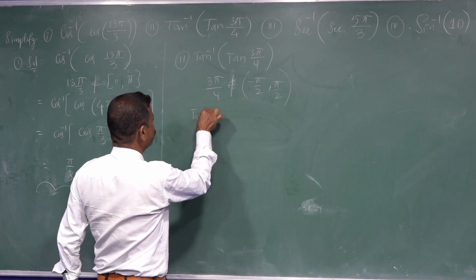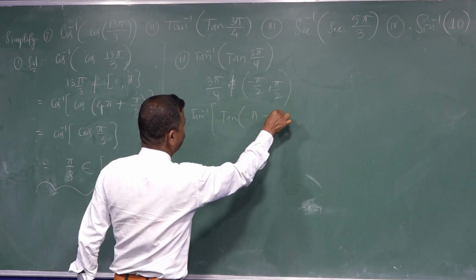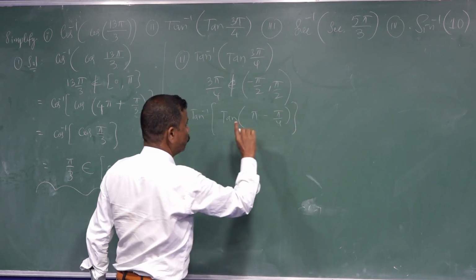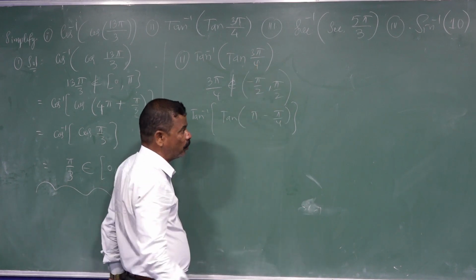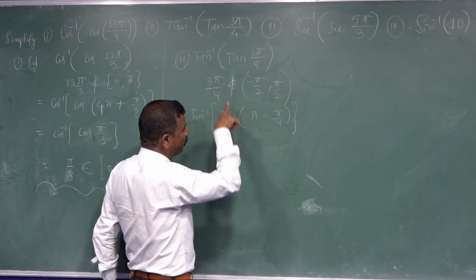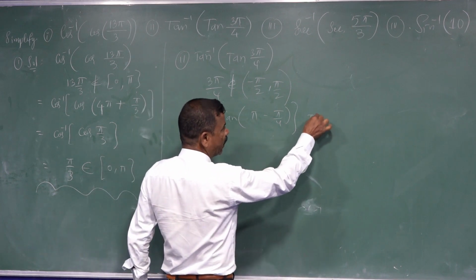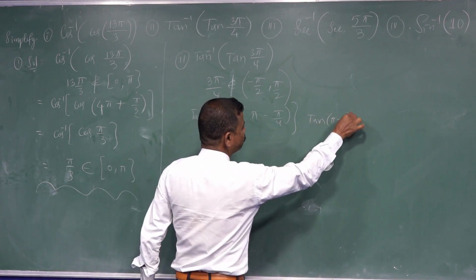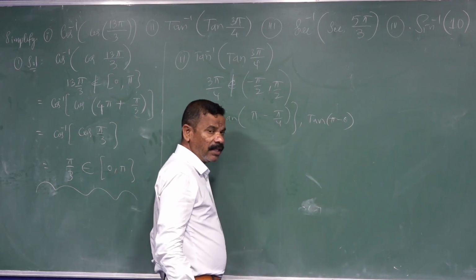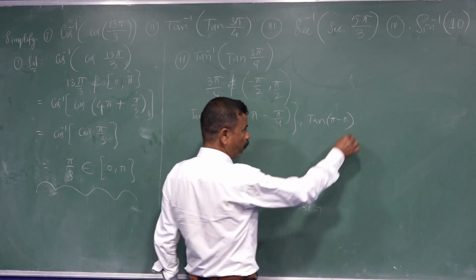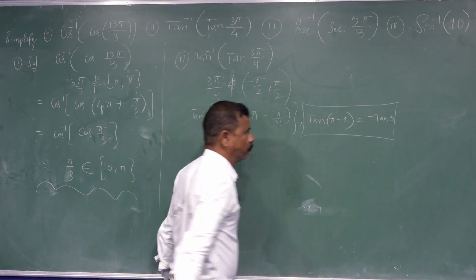Tan inverse of tan of π minus π/4. We check: π minus π/4 is 3π/4. So this is the suitable value for balancing purpose. Here tan of 180 minus theta. What is the tan 180 minus theta formula? Which quadrant? Tan 180 minus theta is second quadrant. In the second quadrant, tan is negative, minus tan theta.